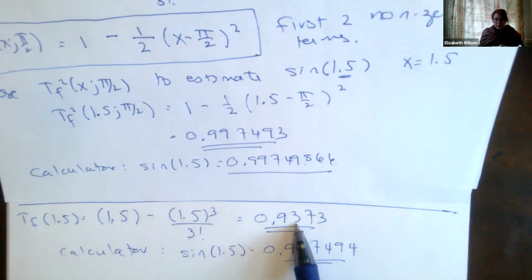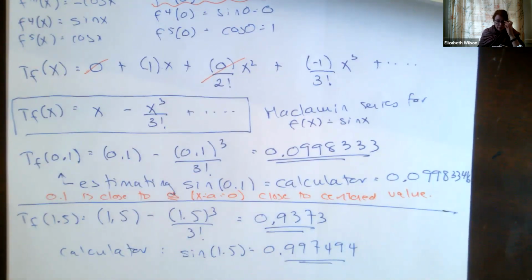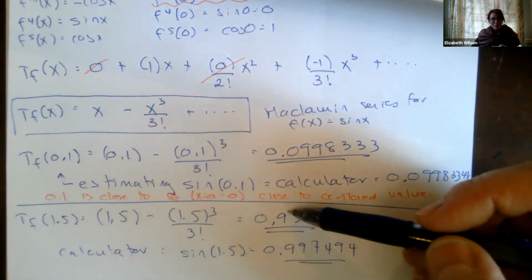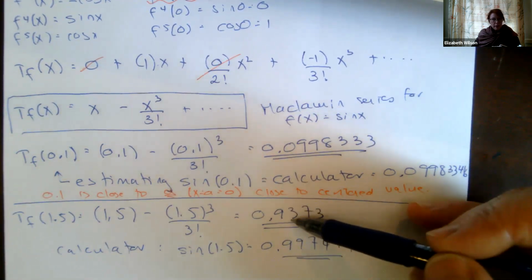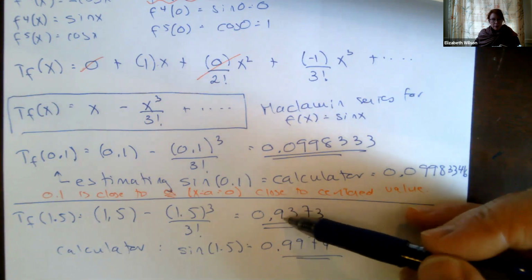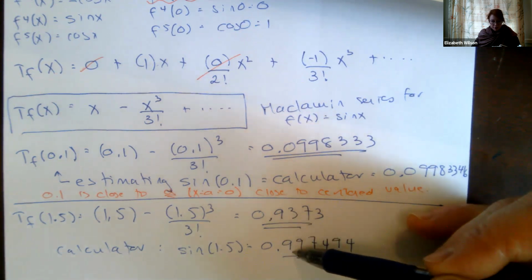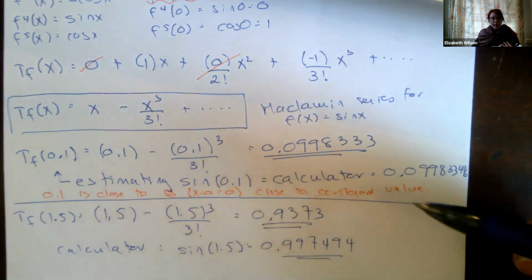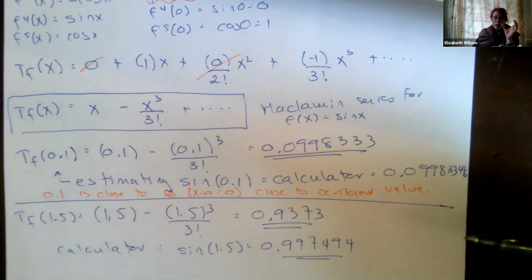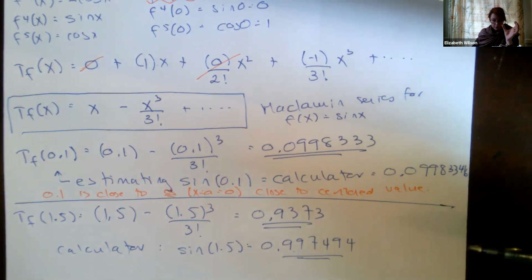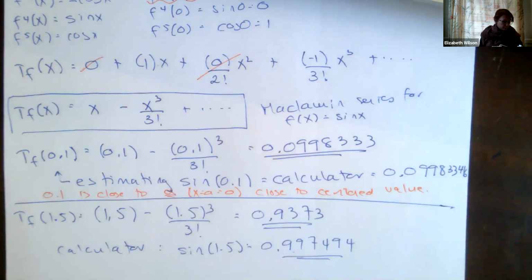It seems trivial, it's close, but I wouldn't want to launch a rocket to a far off place, or even a close place, with this kind of error. I'm only accurate up to the first number after the decimal, and then it bombs out. That's an example of why we want to center our polynomials near where we want to look for values. So think about that.